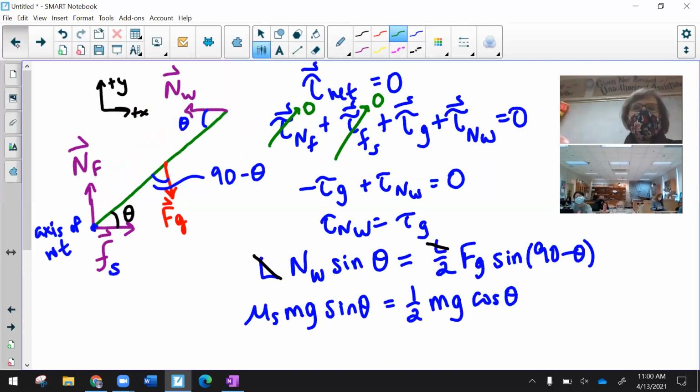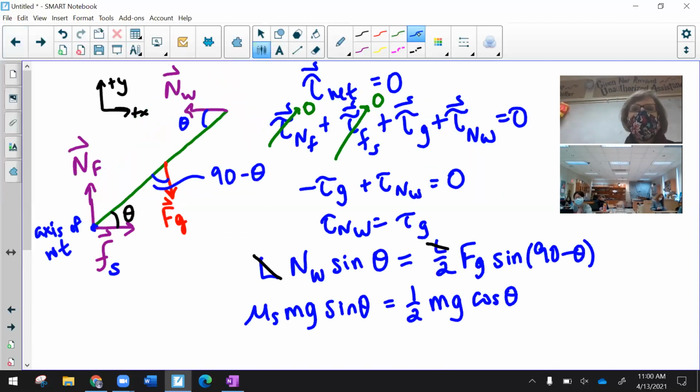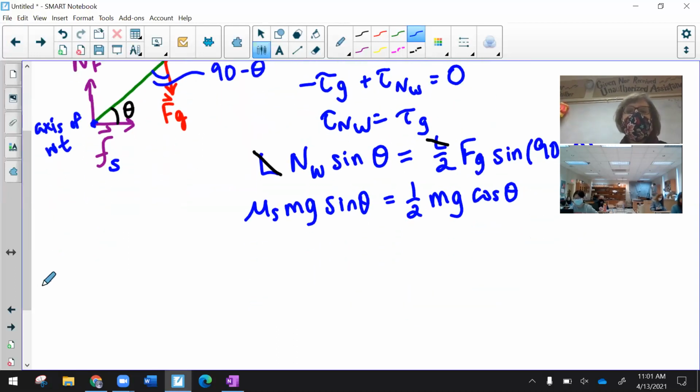Okay. So, too far back, too far forward. There we go. All right. So this is great. I need to find theta. So again, I can cancel my m g's. Now I do have a sine theta and a cosine theta. But what if I divided both sides by cosine theta?